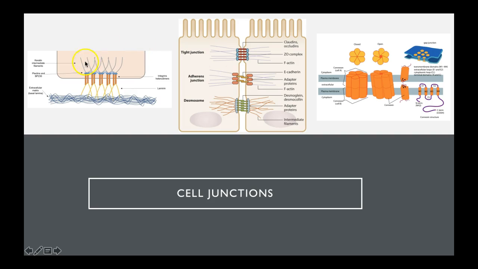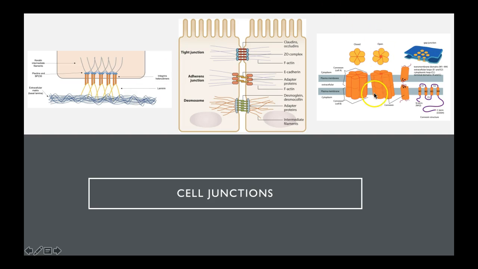Then on the left, we have the hemidesmosomes that bind epithelial cells to the basal lamina, the extracellular matrix. The hemidesmosomes have the keratin intermediate filaments shown at the top, attached to integrins that are attached to the fibronectin connected to the collagen that anchors to the ECM.